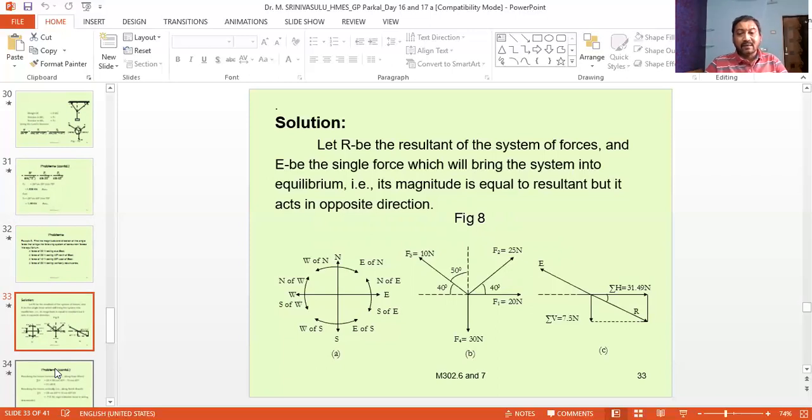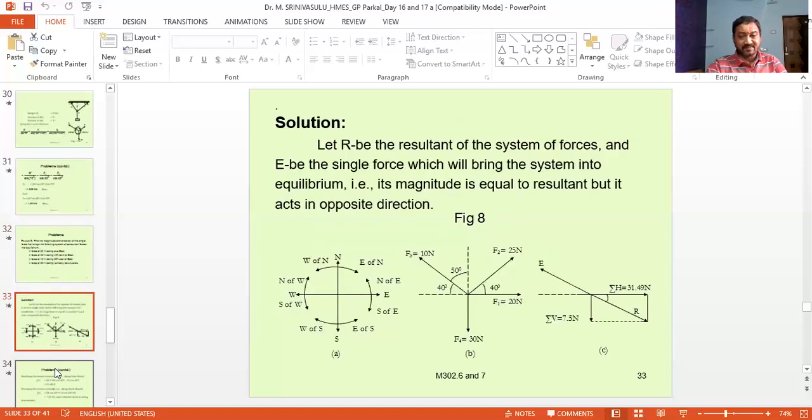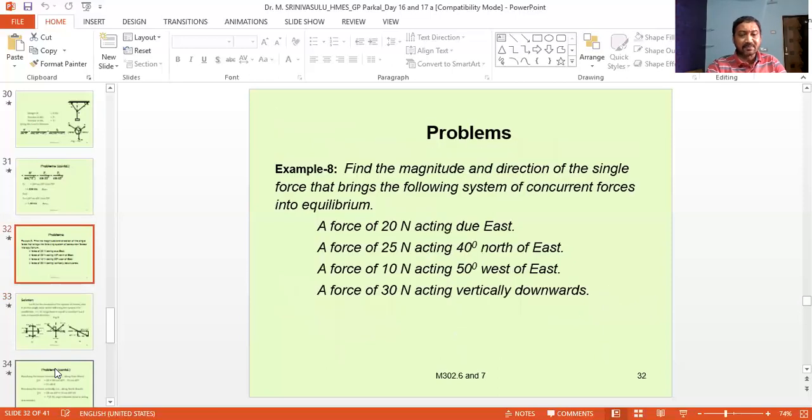Here, what is the first force? A force of 20 newtons is acting due east. So it is acting towards only east. Due east means along the east, that means along the horizontal. So F1 is equal to 20 newtons along the x-axis. Next, the second force is a force of 25 newtons acting 40 degrees north of east.